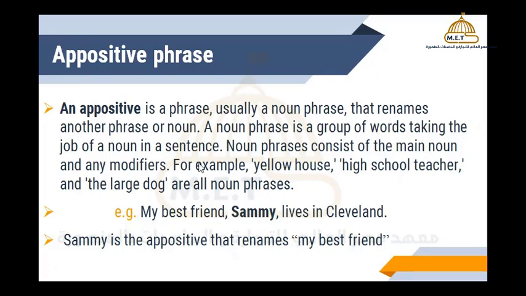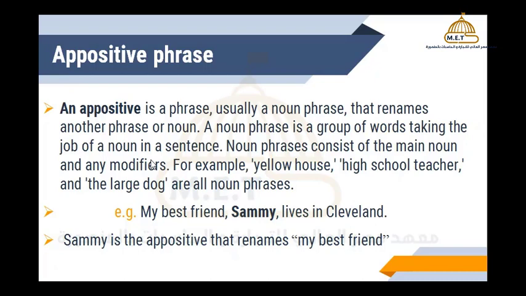Meaning the appositive phrase is a noun phrase that renames the thing it describes. For example, yellow house: house is the main noun and yellow is the modifier. High school teacher: teacher is the main noun and high school is the modifier.